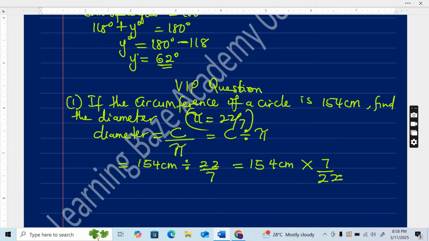So 11 goes into 22, that is 2. 11 goes into 154, that is 14. 2 goes into 2, that's 1, and 2 goes into 14, that's 7. So 7 times 7 is equal to 49 centimeters. So the diameter of the circle is equal to 49 centimeters.